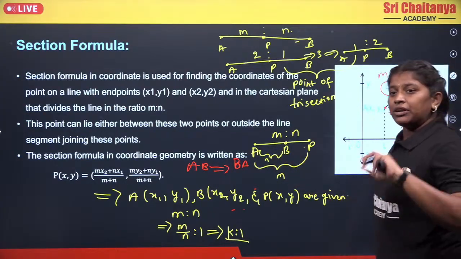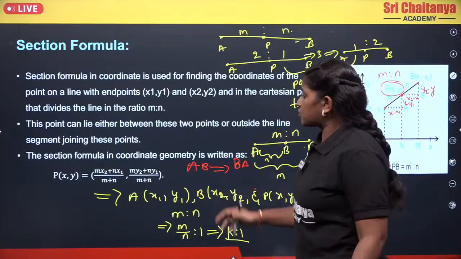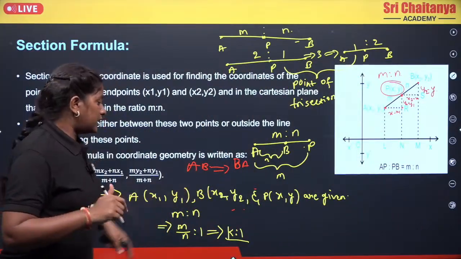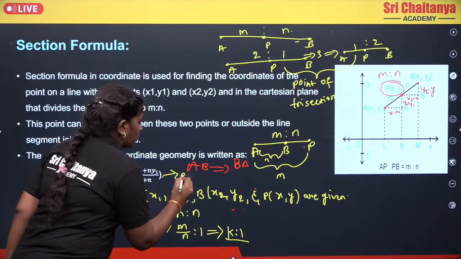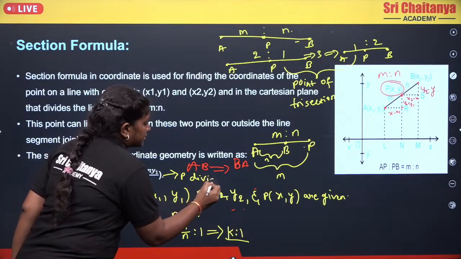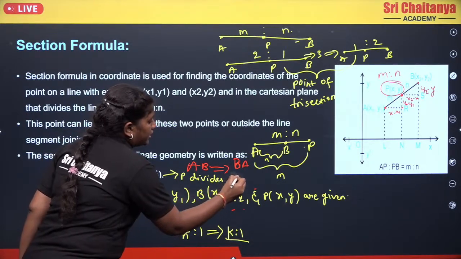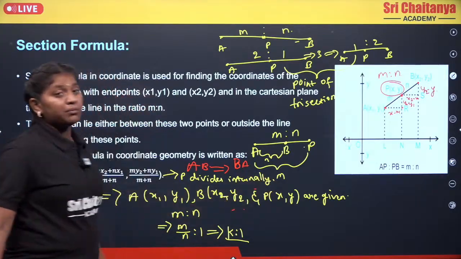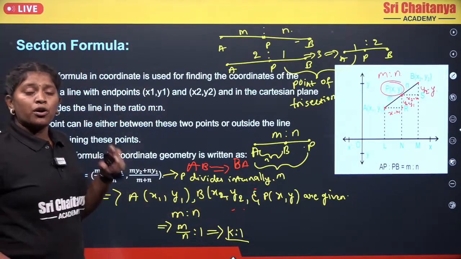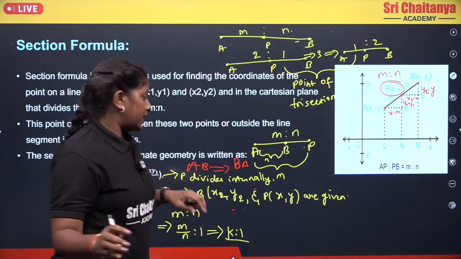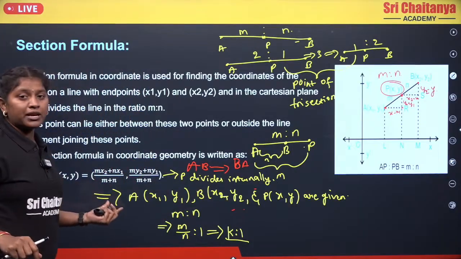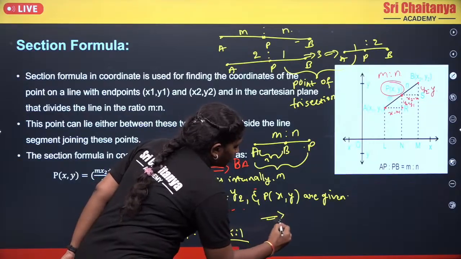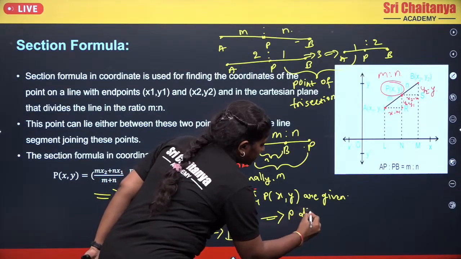If it was dividing internally, we can use mx2 + nx1. So P divides internally means we will have P between A and B. So what if it divides externally? Simply our plus sign will become a minus sign. So here we can take P divides externally.